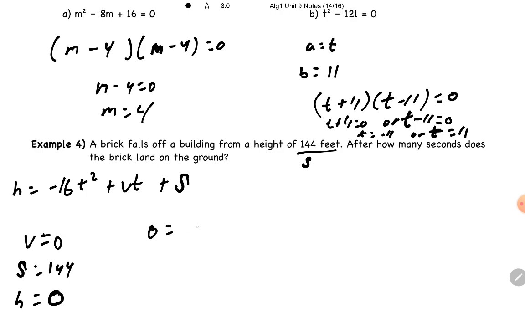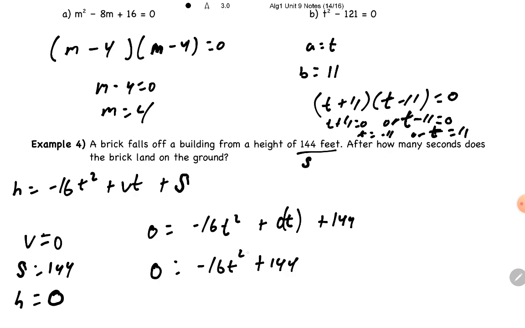So I have 0 equals negative 16t squared plus 0 times t plus 144. So my situation is negative 16t squared, 0 times t is just 0, so plus 144. So this looks like an a squared minus b squared situation.